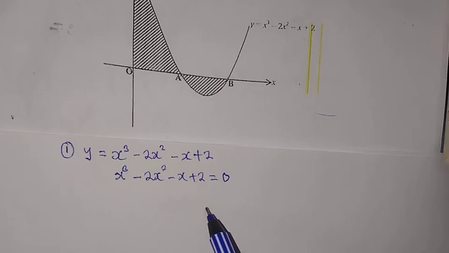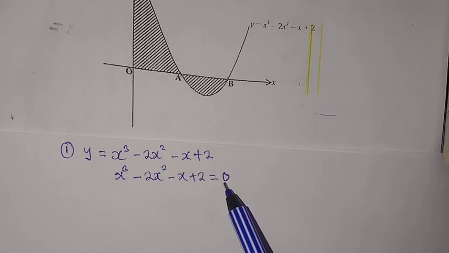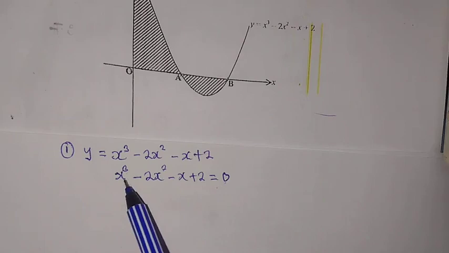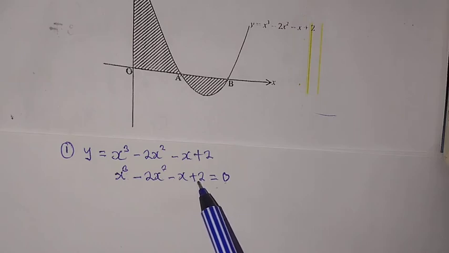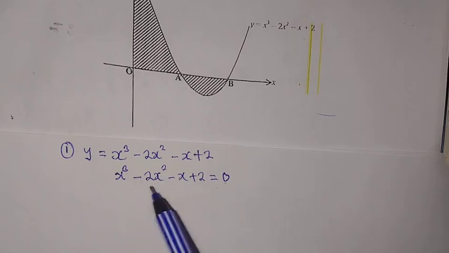Number one, you can use the testing point method, where you start substituting x values starting from 1 to see if it gives you 0. The other one is to look at the terms that you have: 1, 2, 3, 4. There are 4, so we can try to factorize.